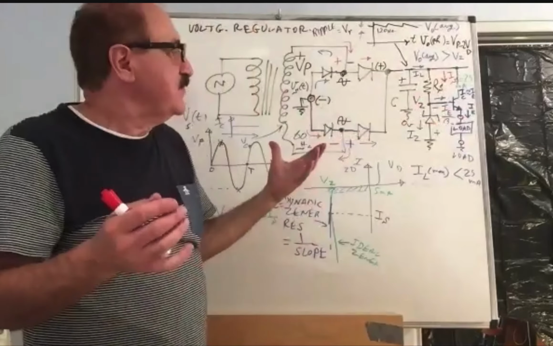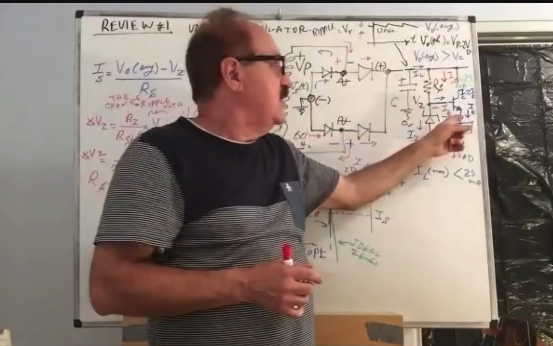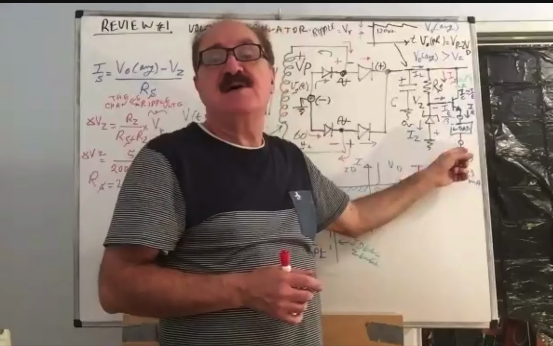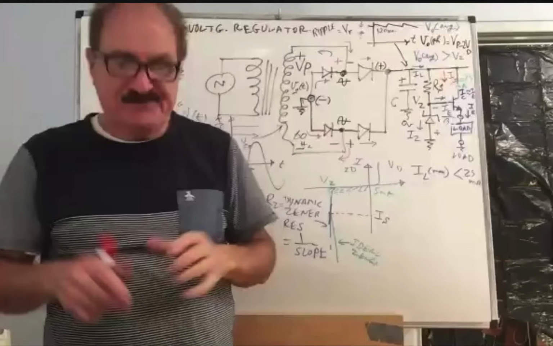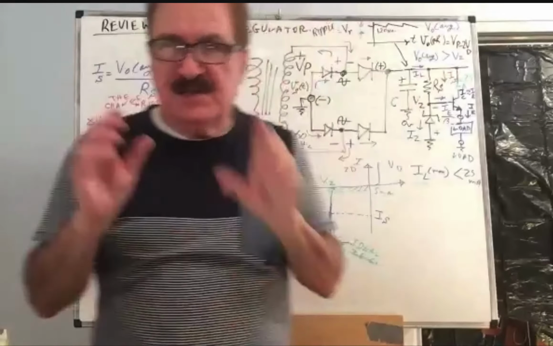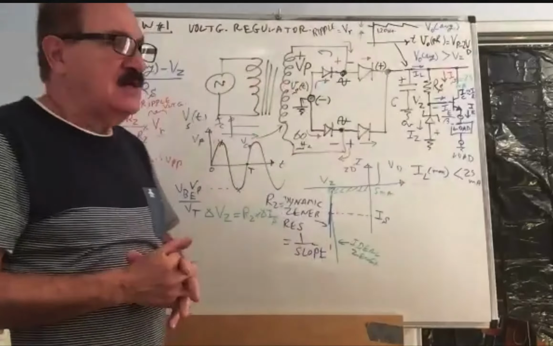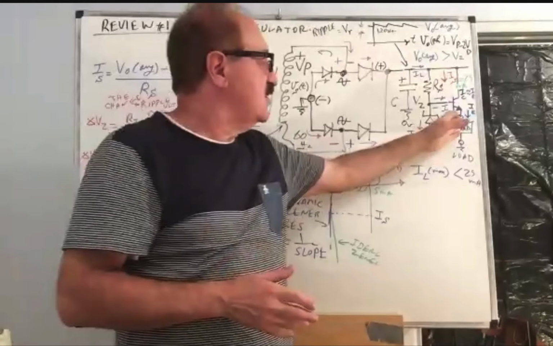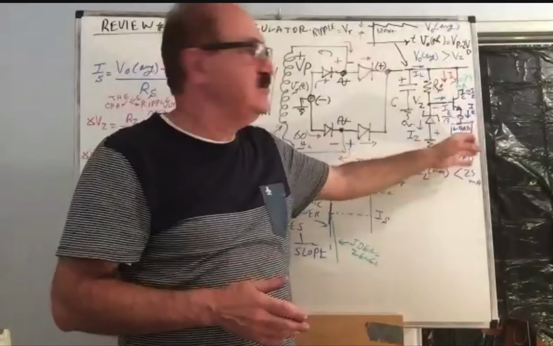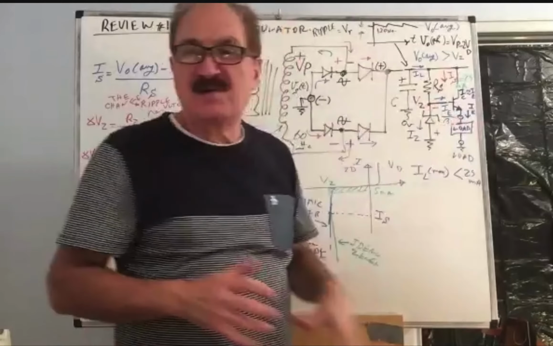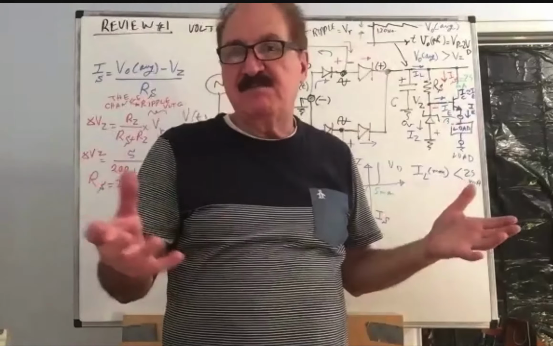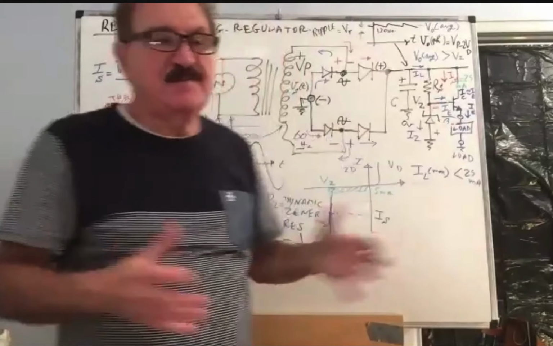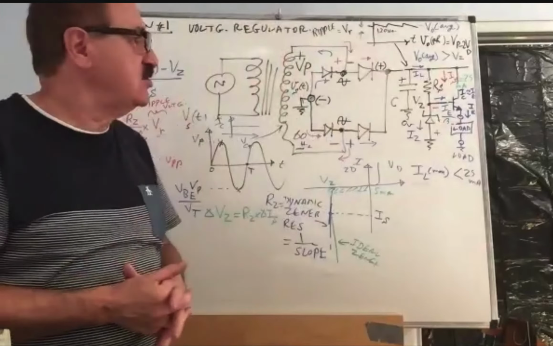Of course, it will depend how much current you're drawing, which will cause the VBE to change a little, very little. As I said, if you change that current by almost tenfold, the VBE will change by approximately 50, 60 millivolts, nothing more than that, because of that exponential relationship.